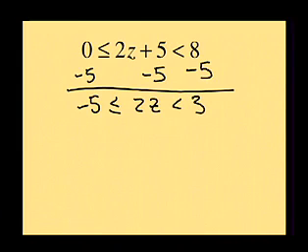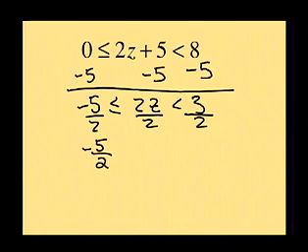Now we need to divide all 3 parts by 2. Over here, we just leave it as negative 5/2, which is less than or equal to 2 divided by 2 is 1, which gives me z, and less than 3 halves.